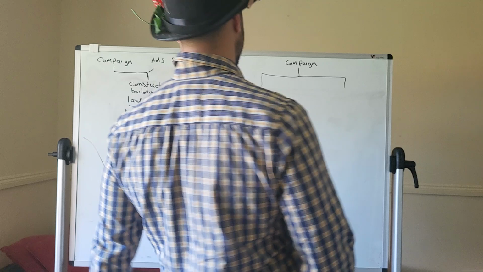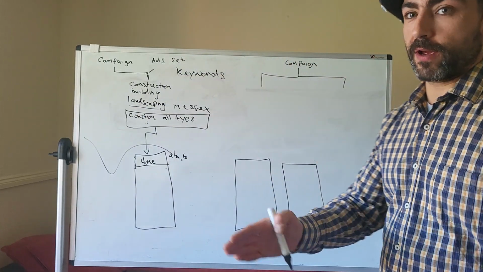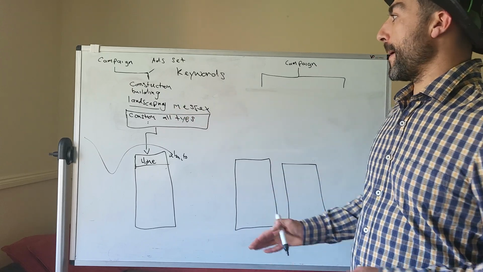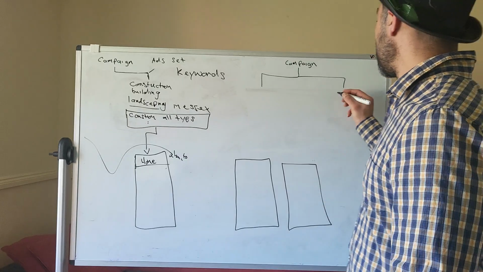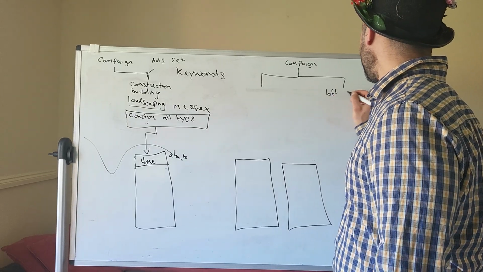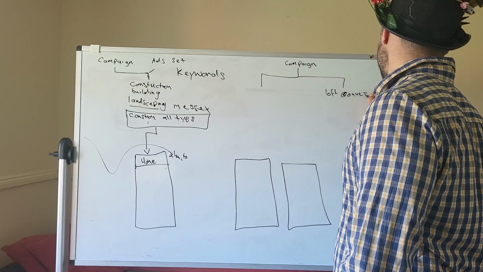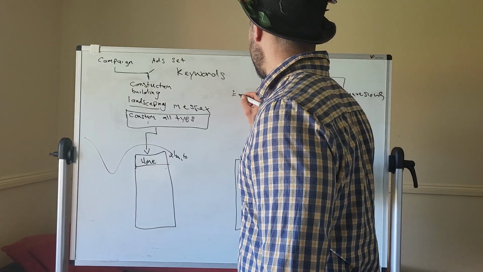So the best way to do it is to break your services down. So if you got a construction company that does, let's say, loft conversions, and also extensions, let's say.